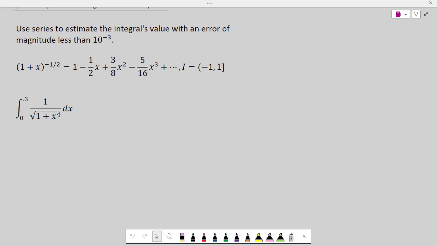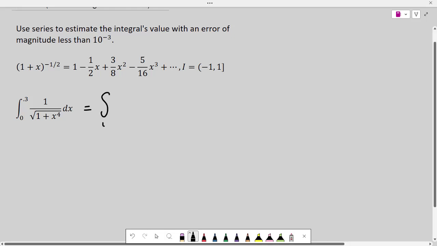So, same type of expansion. We just did this type, right? You do this the same way we just did it if you had to find this on your own. So we've got it right there, and then this will be 0 to 0.3. And all we're going to do is replace all the x's with x to the 4th.